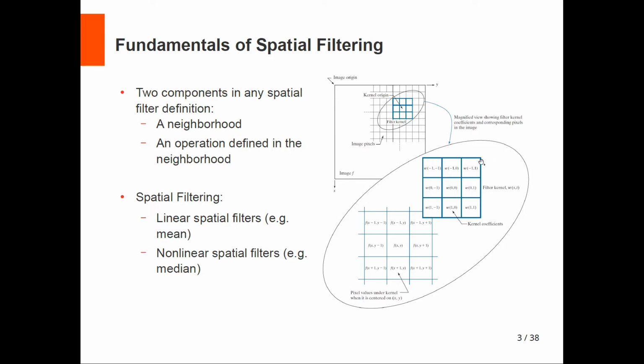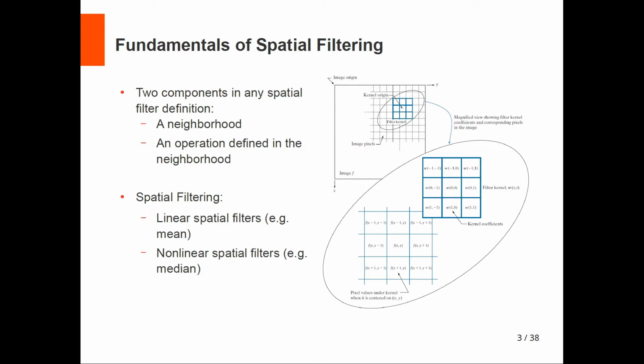So this kernel is moved pixel by pixel across the image, and at each pixel location, these weights are multiplied by the corresponding image pixel intensities, and then they are summed up to produce the final result.